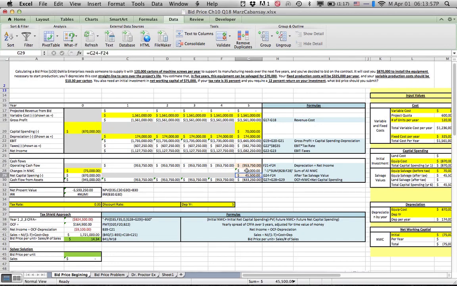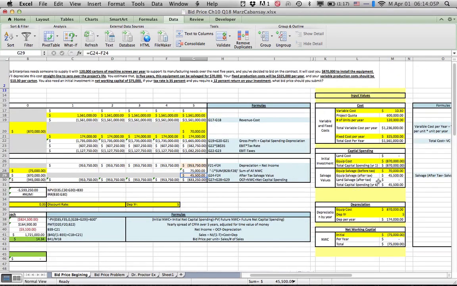And then the last item is going to be a familiar number for some of you that have been paying attention. You'll see over here when we calculated the after-tax salvage value of our equipment, it was $45,500.